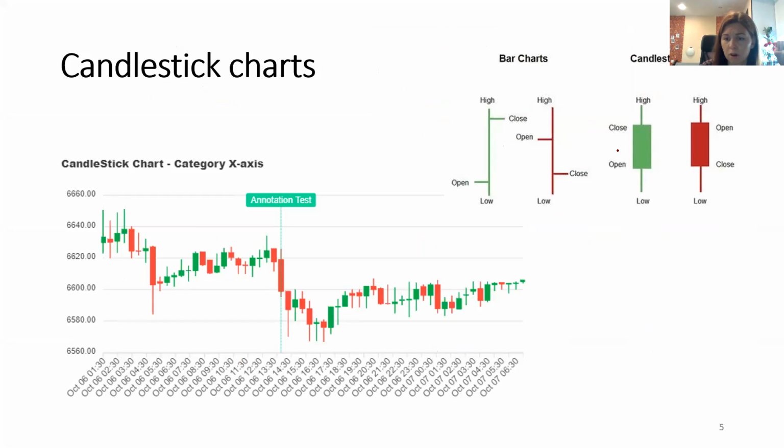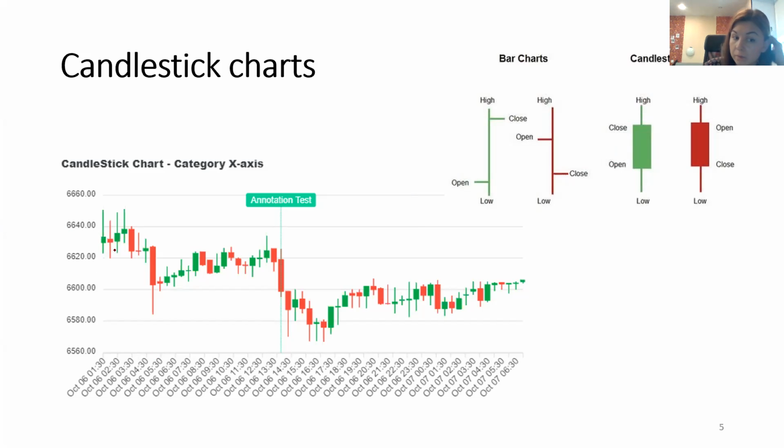When you have the price for the open, when you open your day and close the day with some price, you have the highest value of your price and the lowest one, and you plot these candlesticks, one candlestick for one day usually, and you may analyze the dynamic of the price.